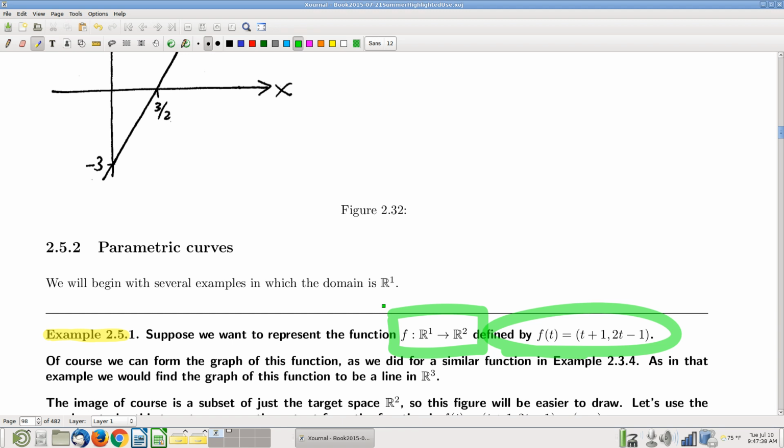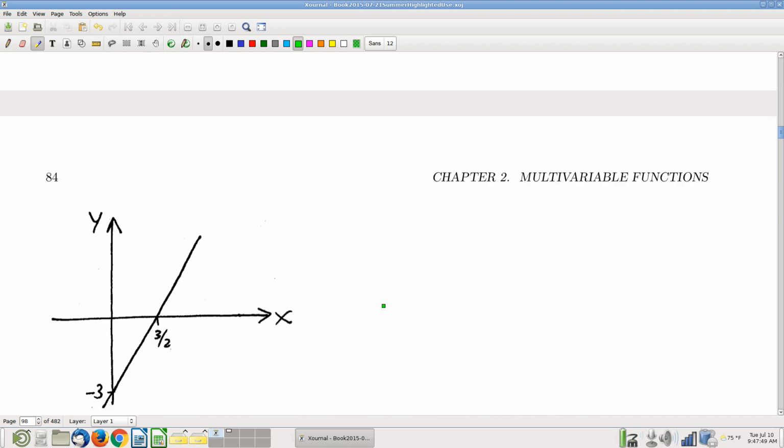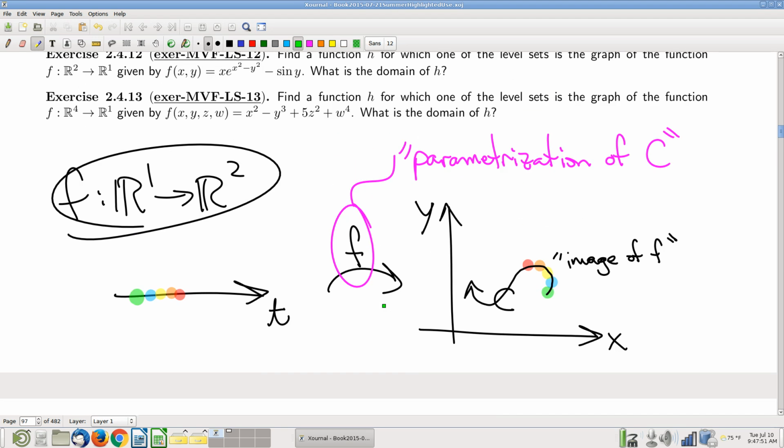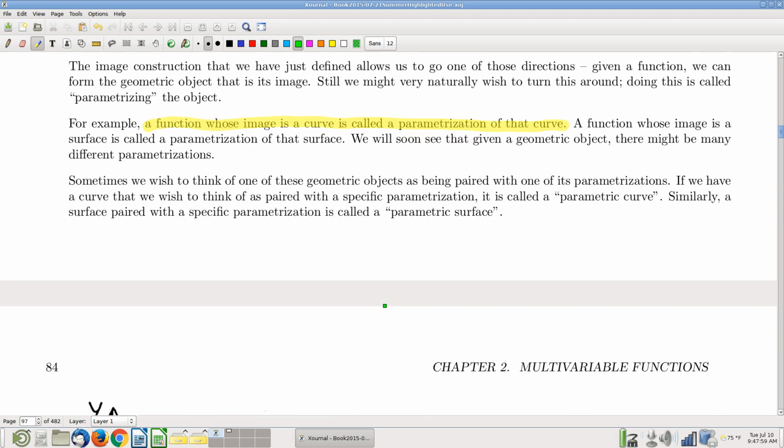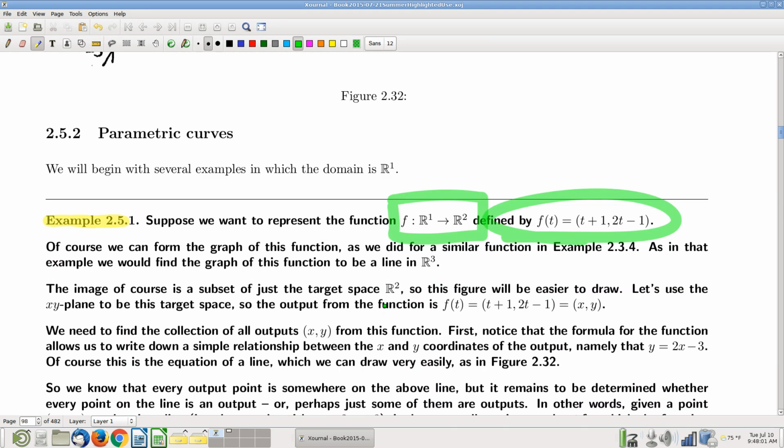Well, I suppose you could start plugging in values of t. Plug in one value of t, plot a point. Plug in another value of t, plot a point. Like we were doing with colors up here. But there's a lot of values of t. There's infinitely many values of t. We don't have that kind of time. So let's try to think of a better alternative. The better alternative is to notice that these outputs themselves are functions.